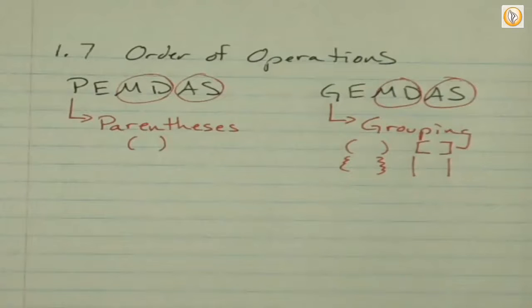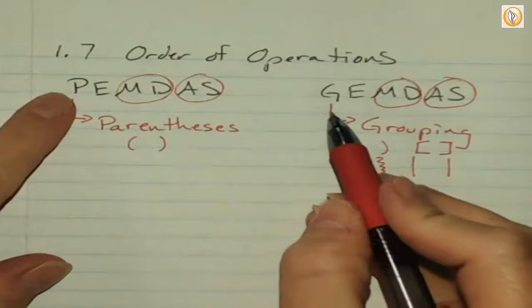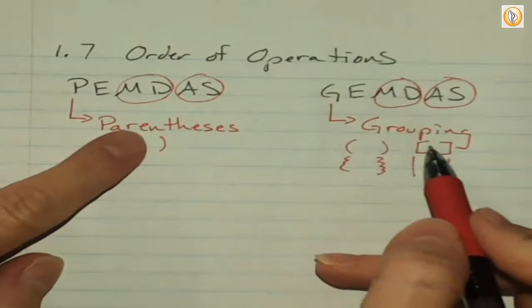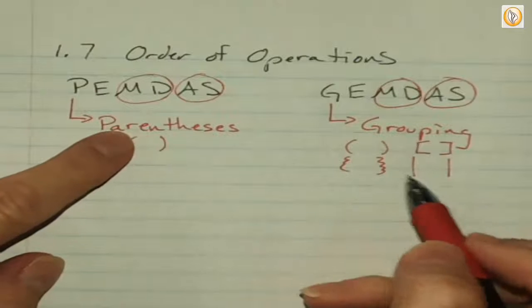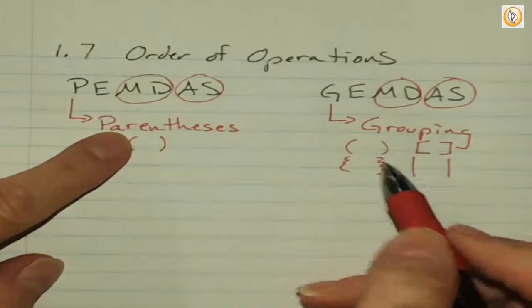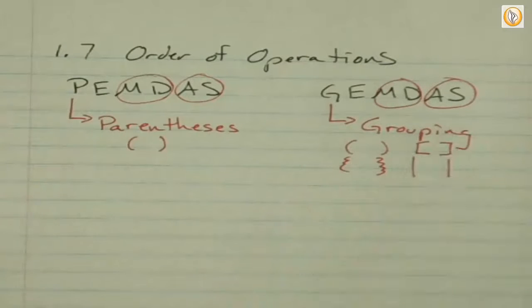So, to refresh what each thing means, let's go over it. 6th grade really did not remember. Let's see if y'all can remember. So we know what the P and the G is, parentheses or grouping. It's the same thing, they just renamed it, okay? What does the E stand for?